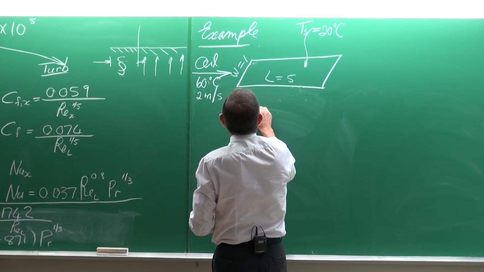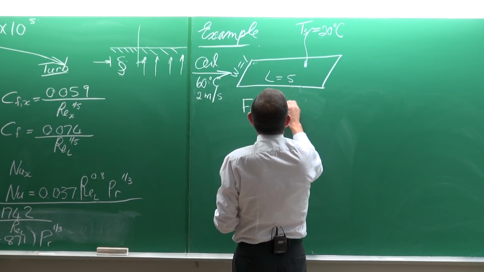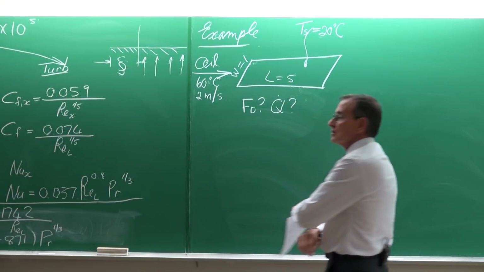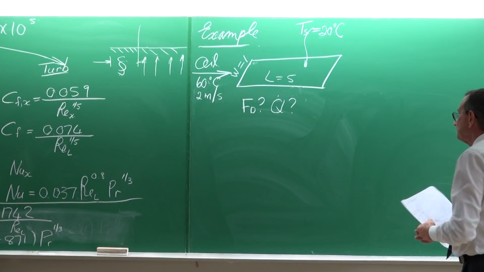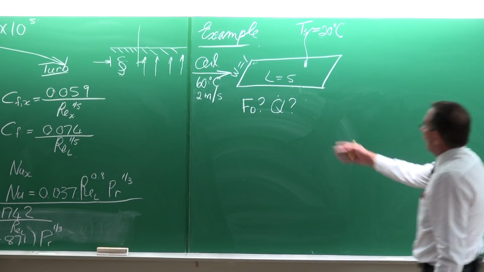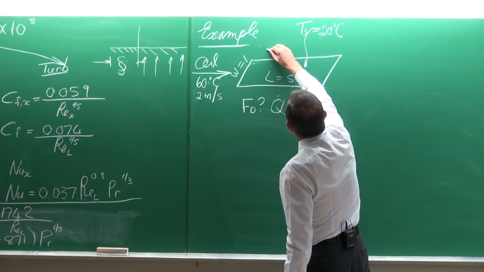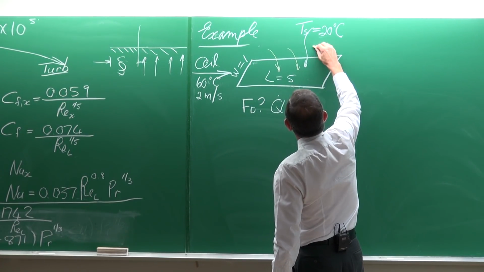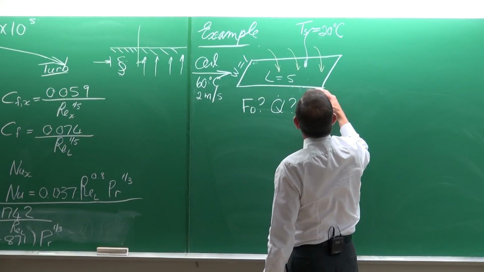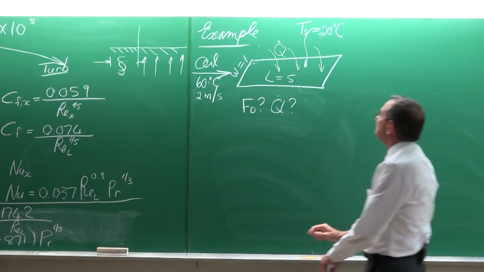We would like to know what is the drag on the plate, and secondly, what is the heat transfer rate over the plate. So if the oil is at 60 and the surface is at 20, then it means there will be a heat transfer from the oil to the plate, and that would be the heat transfer.